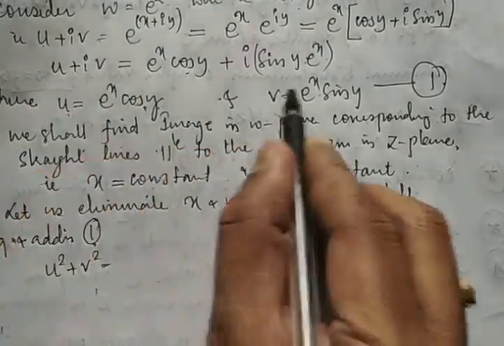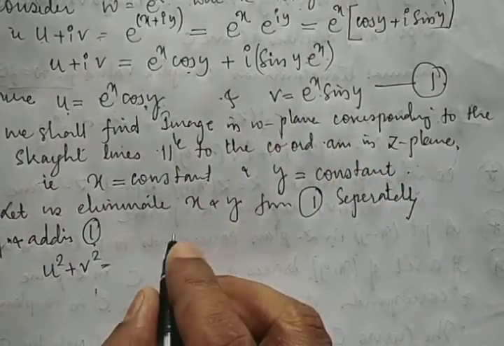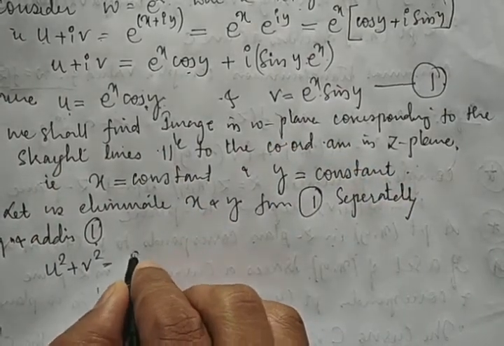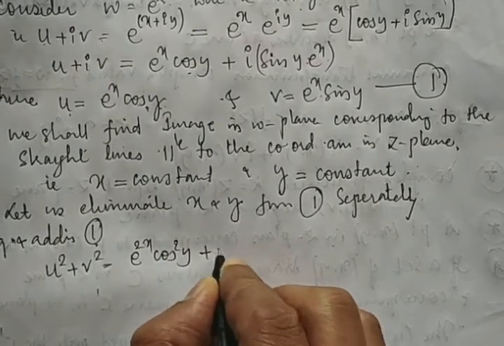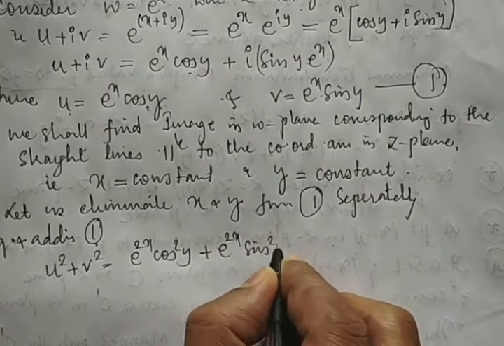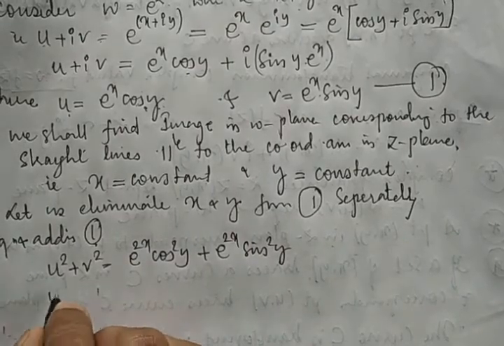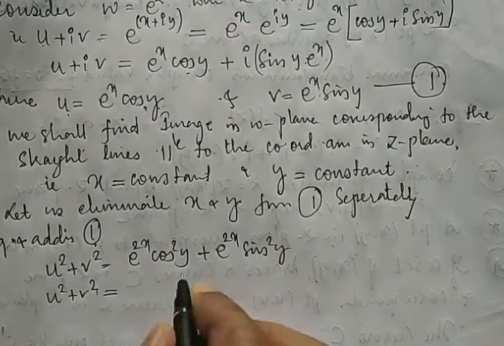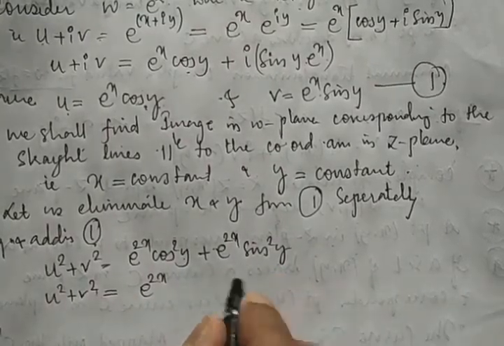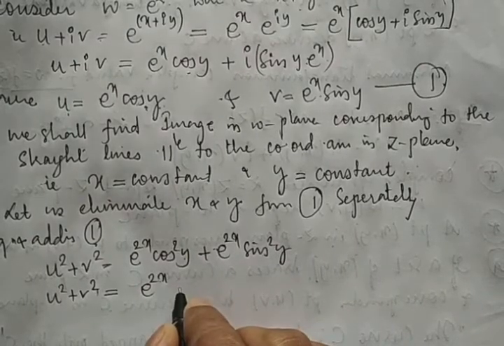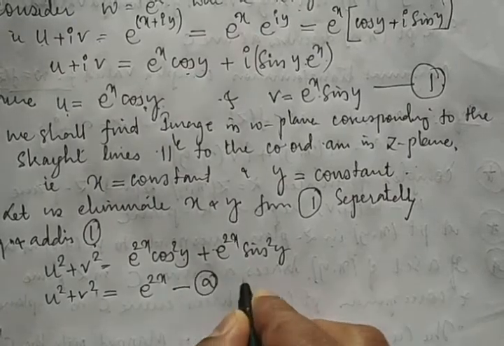So u square plus v square is equal to e raised to 2x into cos square y plus e raised to 2x into sin square y. Therefore u square plus v square will be equal to e raised to 2x, common term, cos square plus sin square will be equal to 1. So this I call it as one more result, equation A.